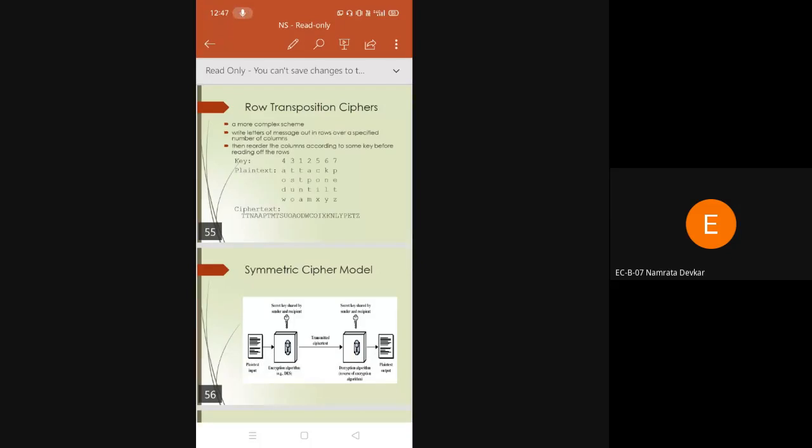So first write the key as 4, 3, 1, 2, 5, 6, 7. So according to the key, mention the key on each column and then write the sequence of numbers in the ciphertext.